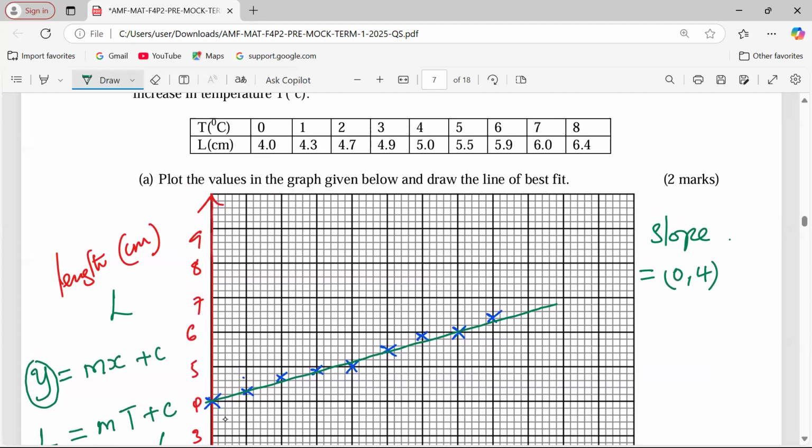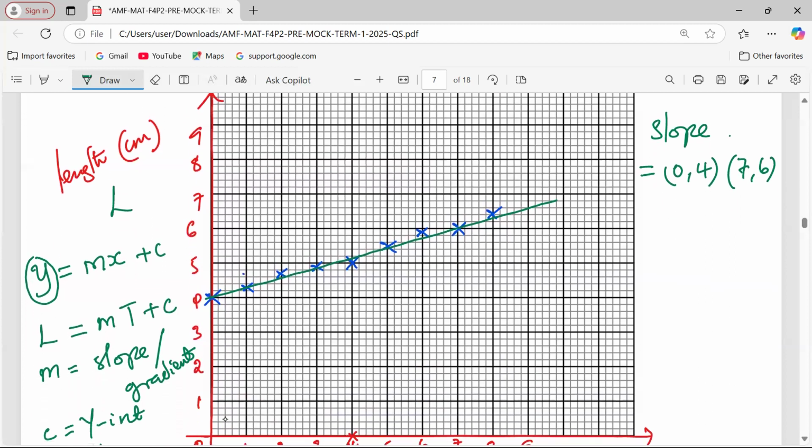Coordinates 0, 4 and 7, 6. So change in y, 6 minus 4. Change in x, 7 minus 0. This will be 2 out of 7, 2 over 7. It can even remain as a fraction that way.